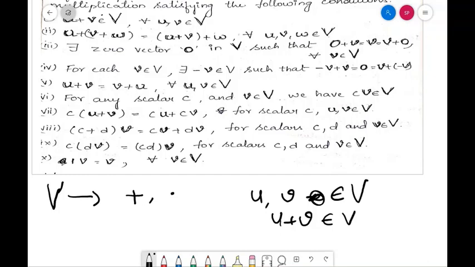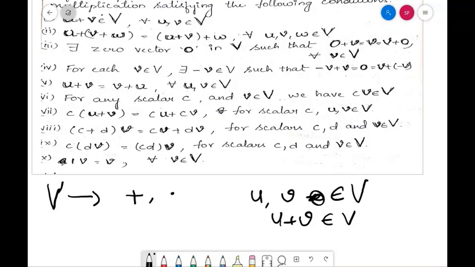The second one is u plus (v plus w) is equal to (u plus v) plus w. This is the simple associative property for addition, and we know addition is associative on all sets of elements. Whether you add matrices, numbers, or polynomials, addition is always associative.